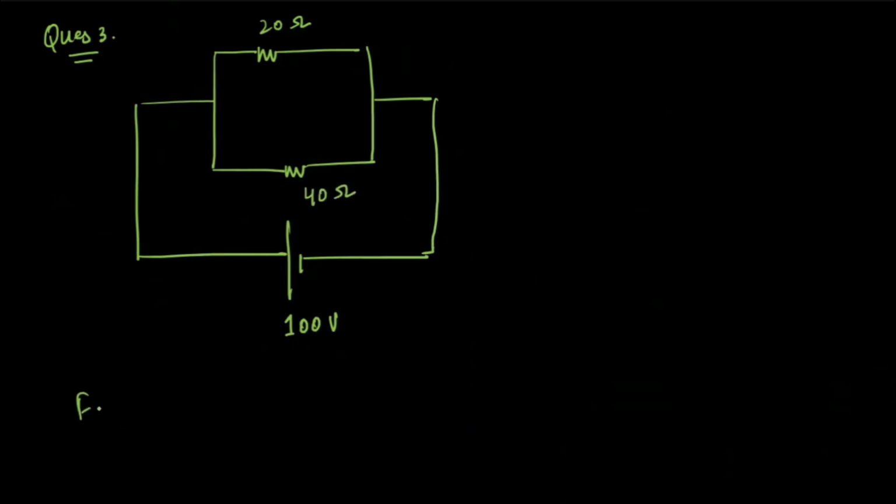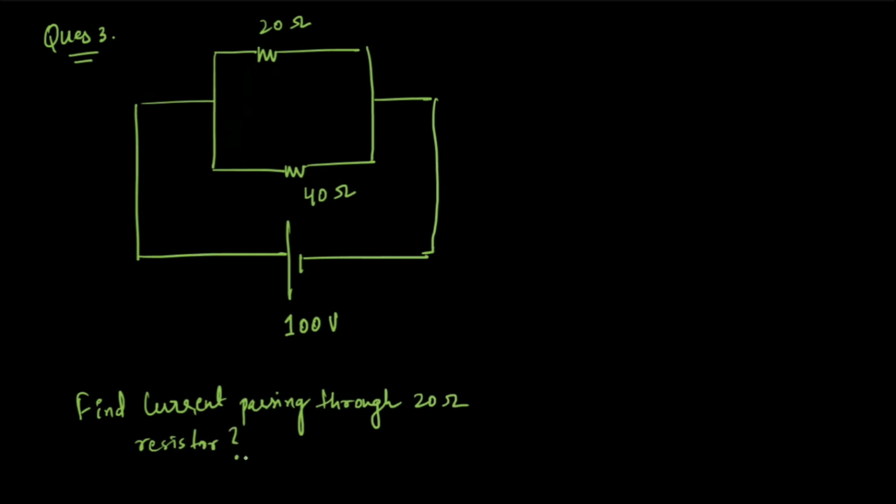You have to find the current passing through the 20 ohm resistor. Again, it's a very simple one. You just have to keep all the points we have discussed so far in mind. Try it out and tell me.